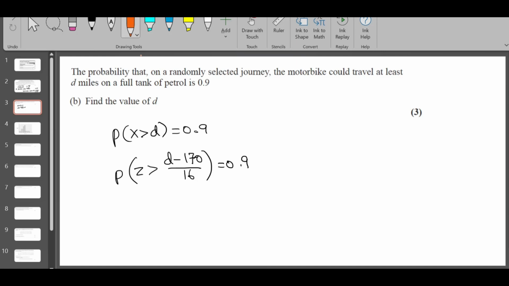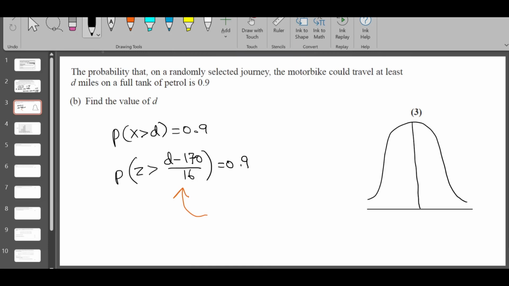You should know whether this value is positive or negative. It has to be positive if you want to use the table. If you look at the bell curve, we know the total area below the curve is 1. For standard normal distribution, the mean is 0, so this area is 0.5 and this area is 0.5.